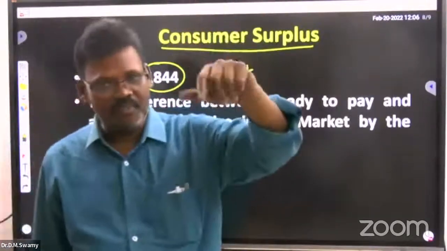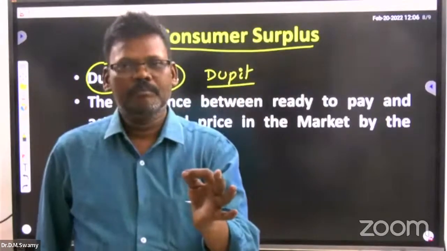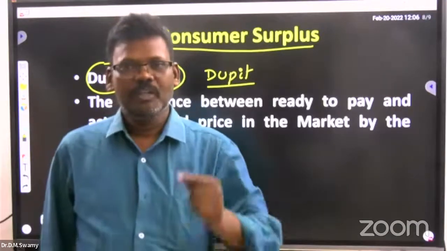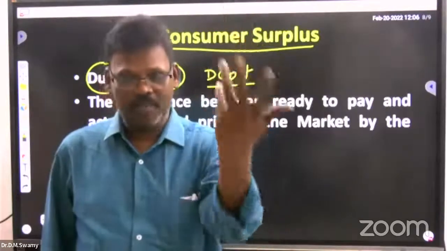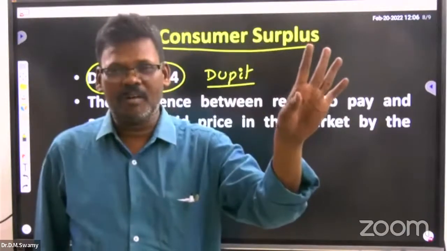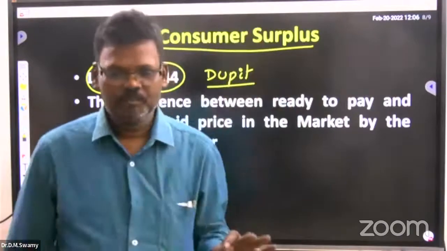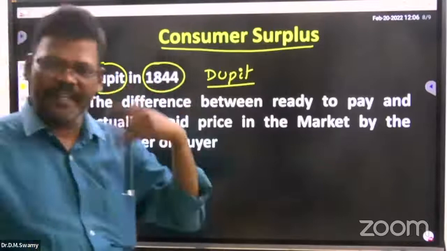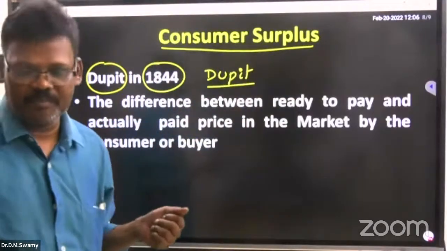Even the law of diminishing marginal utility was first developed by H.H. Gossen, later developed by Jevons, and finally finished by Alfred Marshall. Each and every theory in microeconomics was given its finishing touch by Alfred Marshall. Like that, consumer surplus may have been developed by Dupuit or someone, but finally Alfred Marshall gave the major definition.